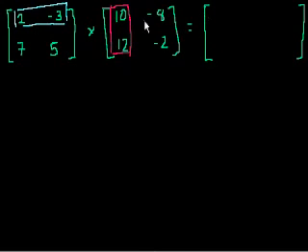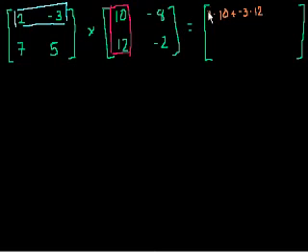So it's getting its row information from the first matrix's row, and it's getting its column information from the second matrix's column. So how do I do that? If you're familiar with dot product, it's essentially the dot product of these two. Or without saying that fancy, it's just this. It's 2 times 10, so 2, I'm going to write it small, 2 times 10 plus minus 3 times 12.